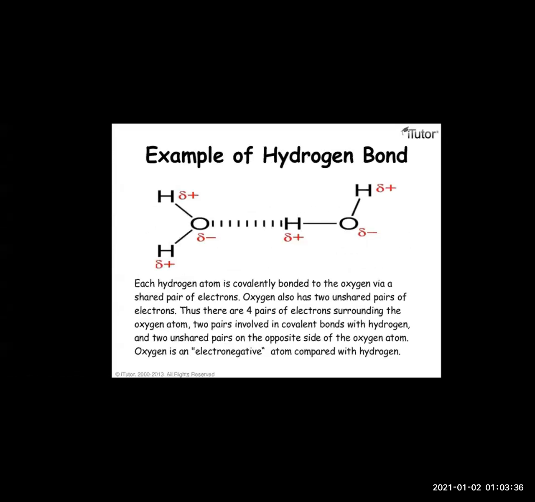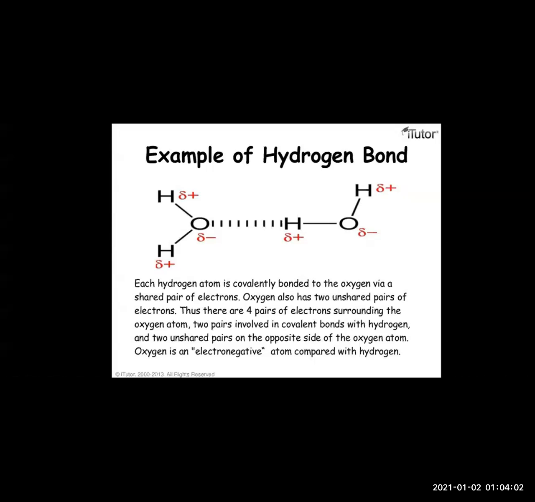So let's see the example. Here hydrogen is having a positive charge, whereas oxygen is having a negative charge. So when there is hydrogen bonding, what happens? Each hydrogen is covalently bonded with oxygen. Here you can see that the oxygen is carrying two atoms of hydrogen.